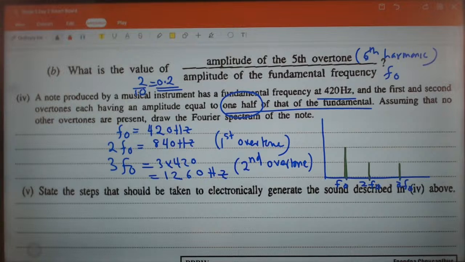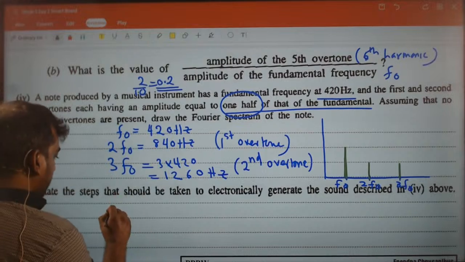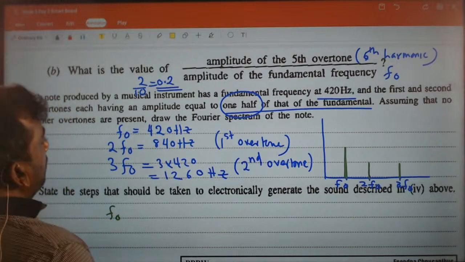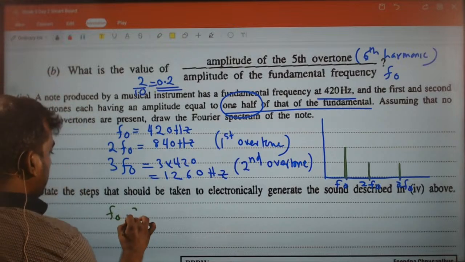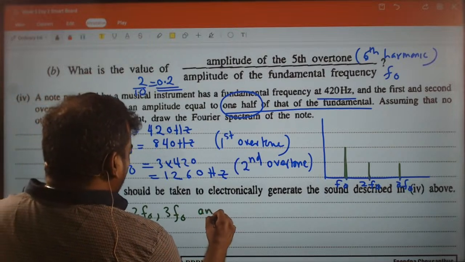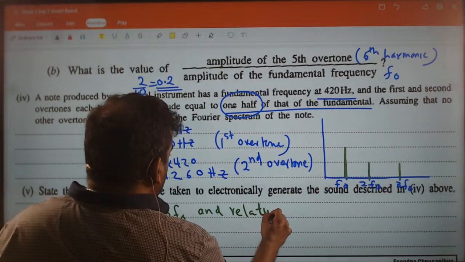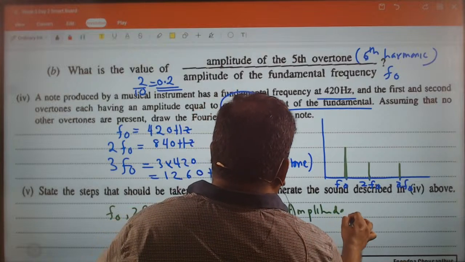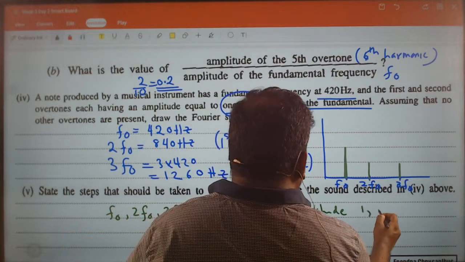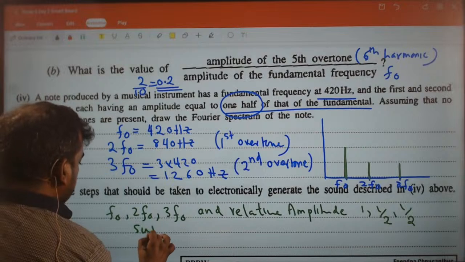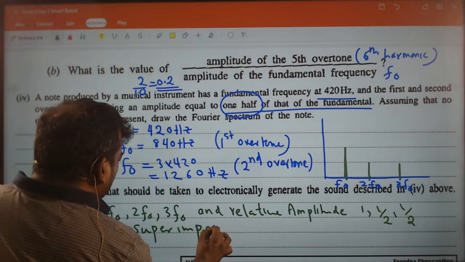F0, 2F0, 3F0 and the relative amplitudes, 1/2 and half.